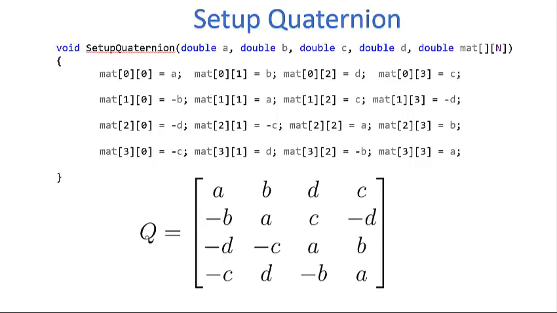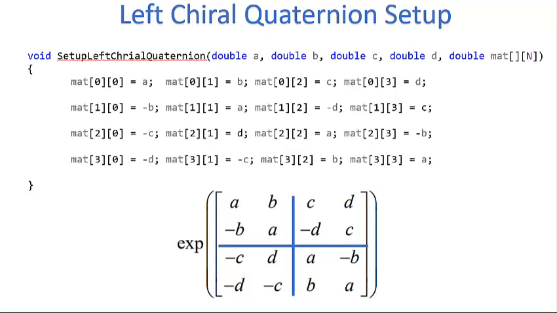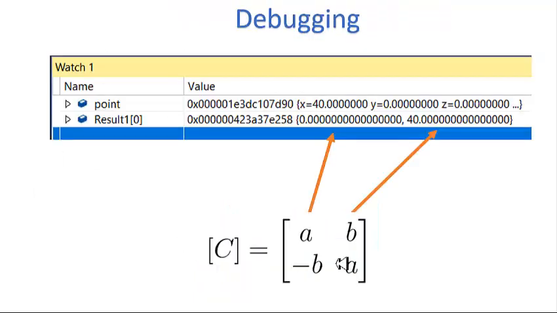And there is another quaternion I found in the literature, and I implemented it, and sure enough, it behaves exactly the same. I refer to this as the left chiral quaternion, as the article I found it in referred to it. The reason I like this one is, if you remember before with the complex numbers, I liked that configuration because the answers after I do the multiplication are in the top row.